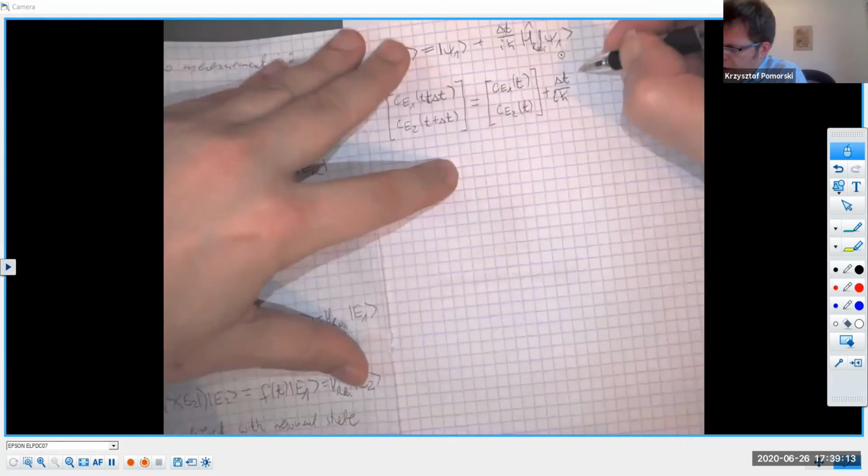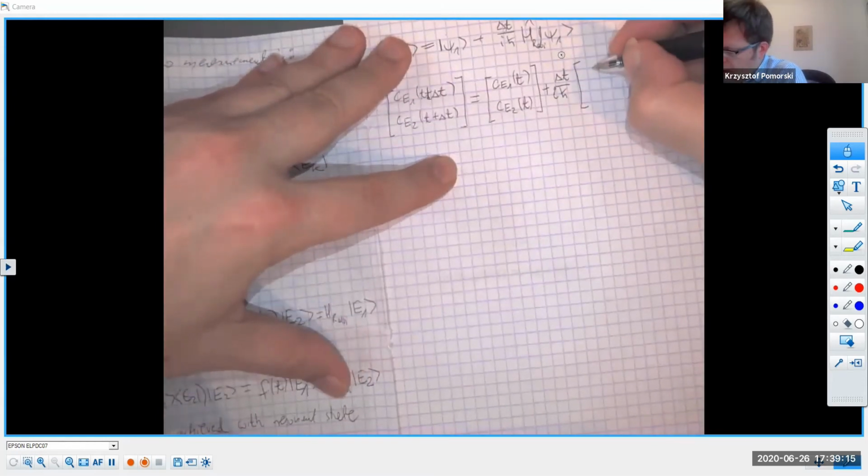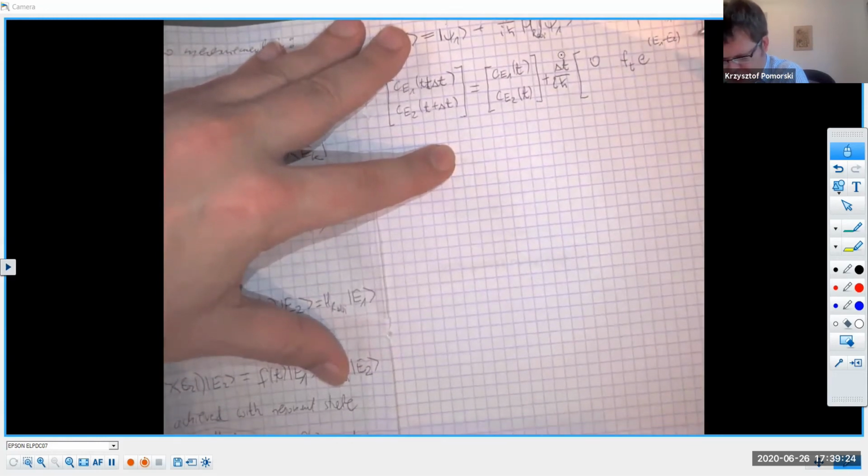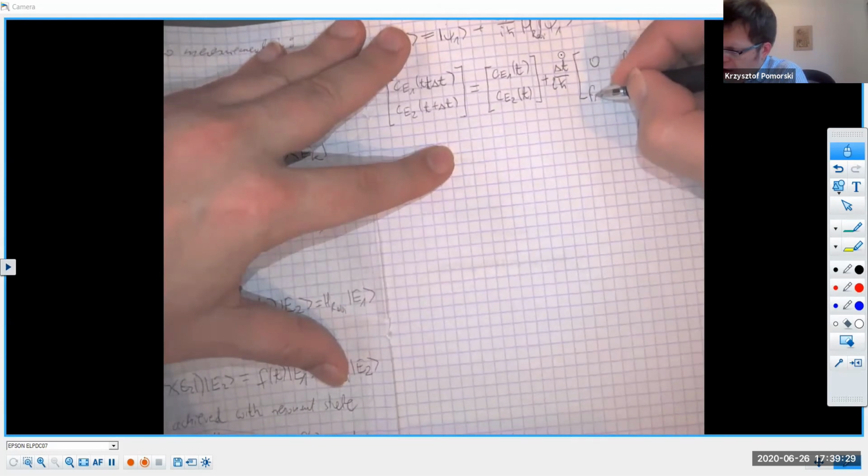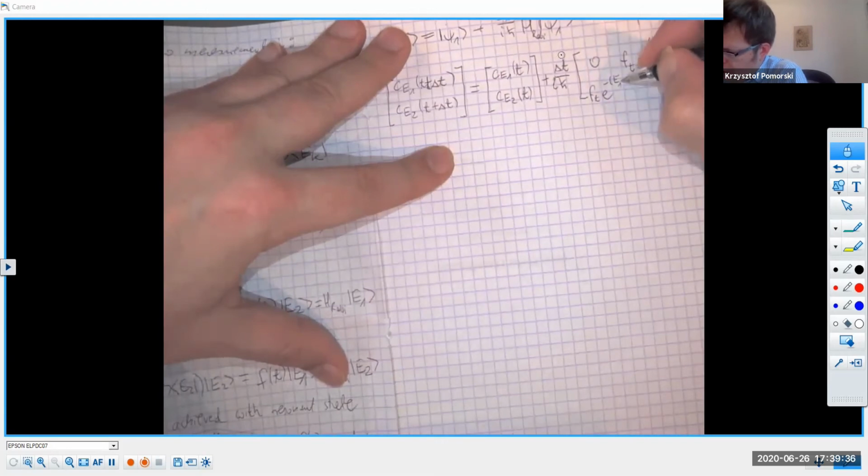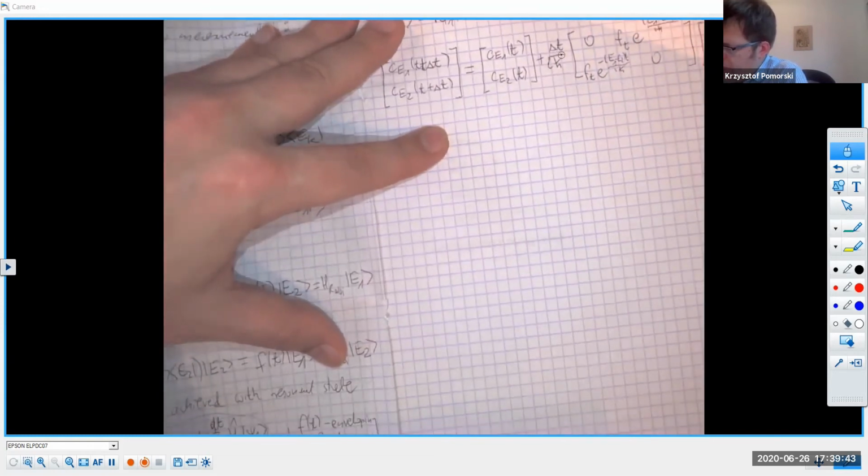So what we have is this guy, E1 minus E2 over, yeah, and then again, Hermitian conjugate, complex conjugate, so we have over E H 0, and again, we have this term, that's C1.